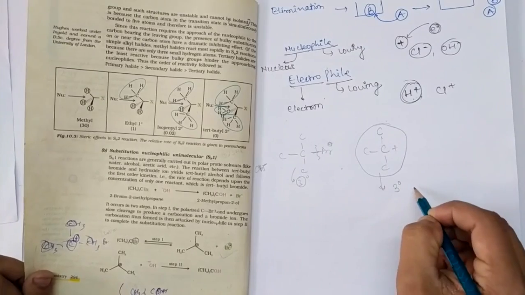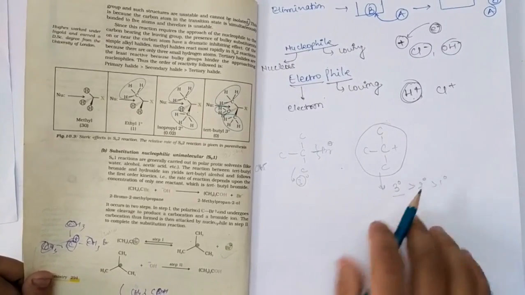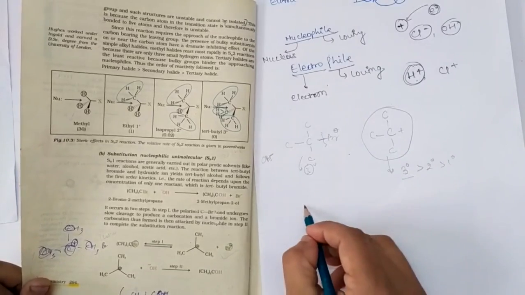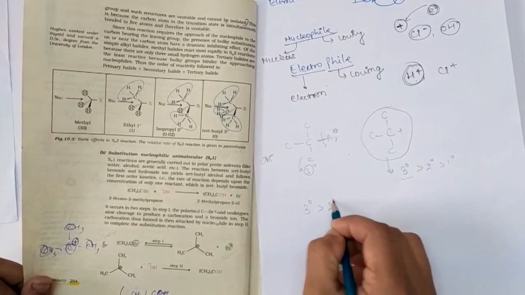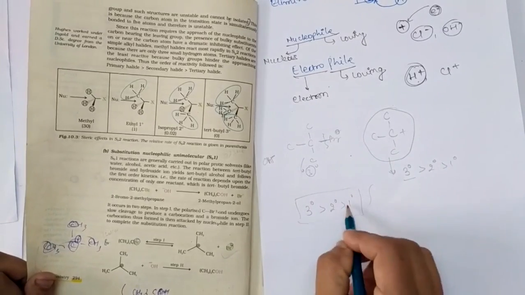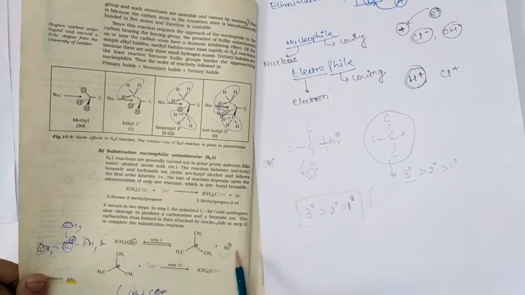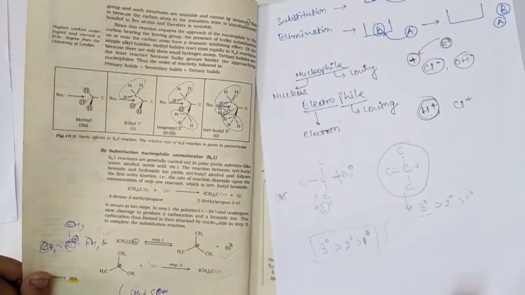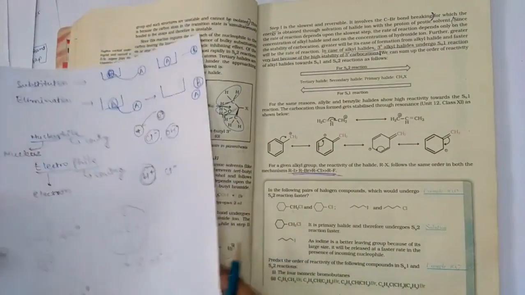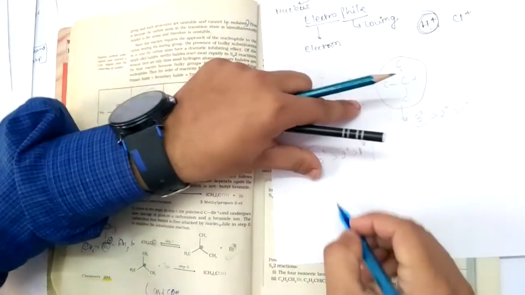We know the tertiary carbocation is more stable than the secondary, and the secondary more than the primary. So who prefers this reaction? Tertiary prefers it more than secondary, and secondary more than primary, because of the stability of the carbocation generated at the end of the first step. This is the first step, and this is the second step. So the reactivity order in SN1 is tertiary first.